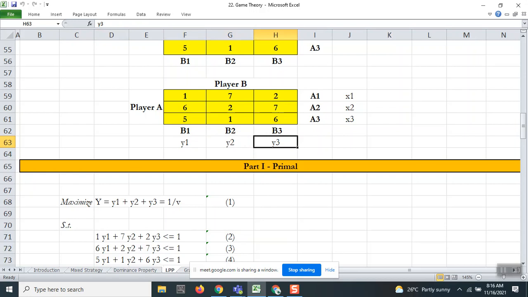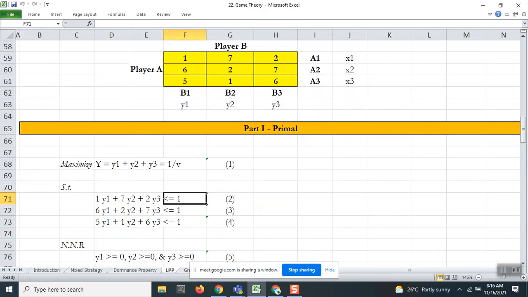Then the constraints are column wise: 1y1, then 7y2, then 2y3, less than or equal to 1. So this is the constraint. Then 6y1, 2y2, and 7y3 less than or equal to 1, and 5y1, 1y2, and 6y3 is also less than or equal to 1.